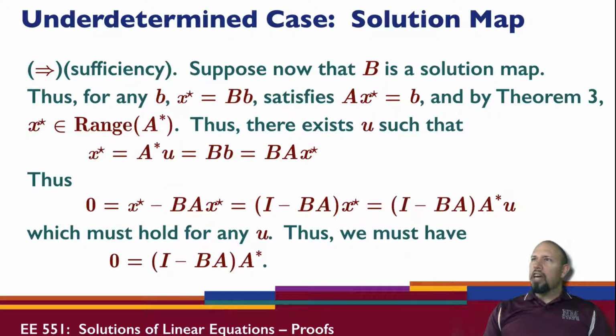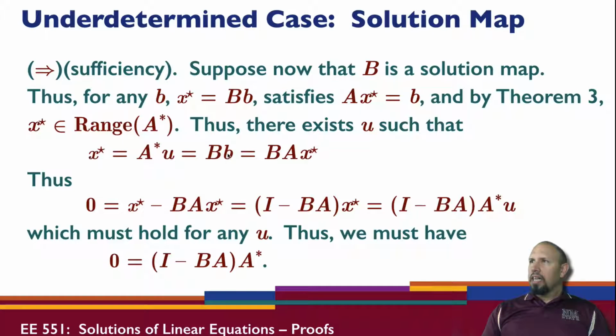So we now move on to the sufficiency. Suppose now that B is a solution map. Thus, for any little b, x star equals B times little b, and this satisfies A x star equal to b, and by theorem 3, x star is in the range of A adjoint. Thus, there exists a u, again, such that x star is equal to A adjoint times u, and again, this x star must be equal to B times little b.